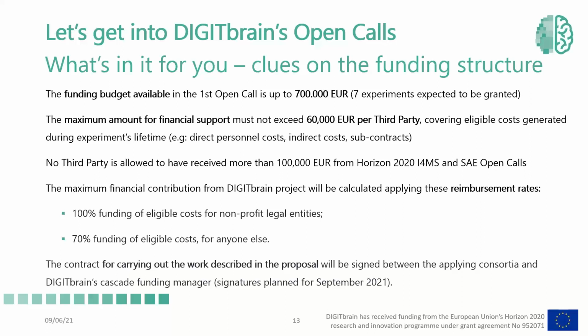Then another important thing to note is that the funding rate is differentiated between, as usual, private entities, which will receive a funding based on 70% of the eligible costs, and non-profit legal entities, which will be able to receive 100% of the budget.